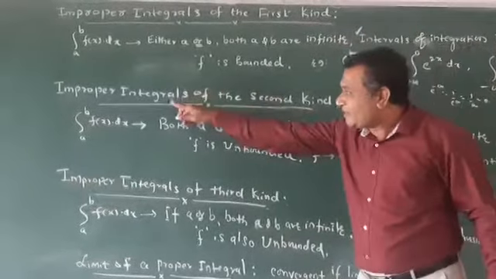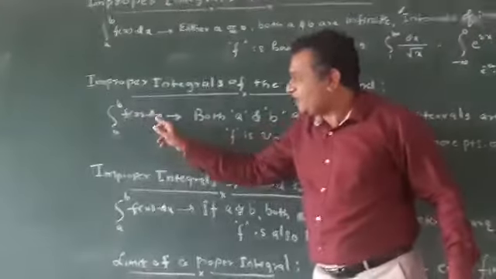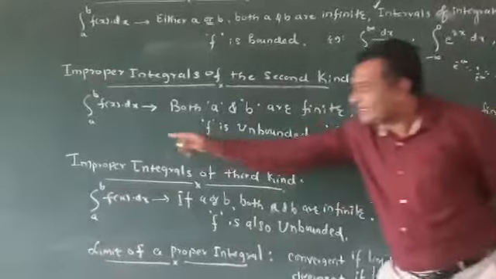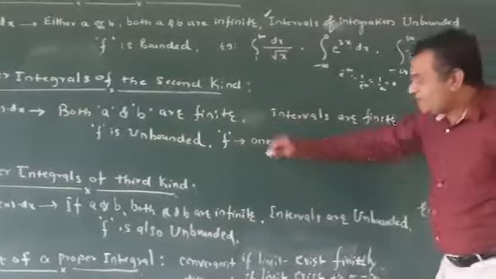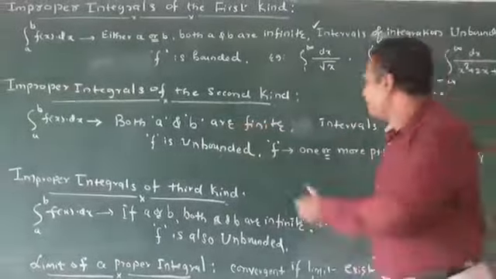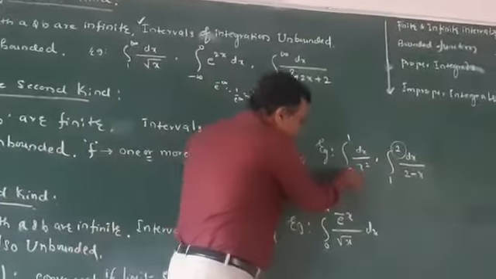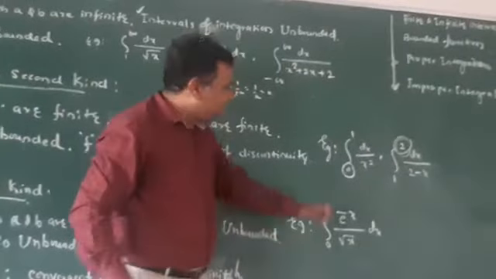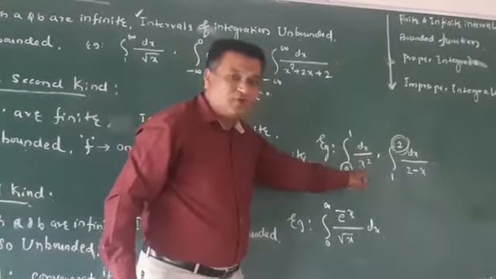Let us see the improper integrals of the second kind. In this second kind, in the integral from a to b of f of x with respect to x, both a and b are finite. The interval is finite, but the function is unbounded. Here the function is unbounded. By considering examples here, 0 to 1, these two are infinite discontinuity points. If you put x as 0, it becomes 1 by 0, infinity.